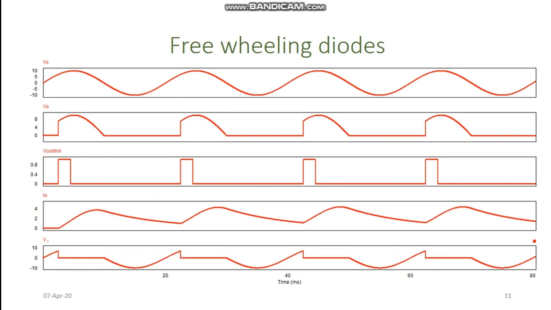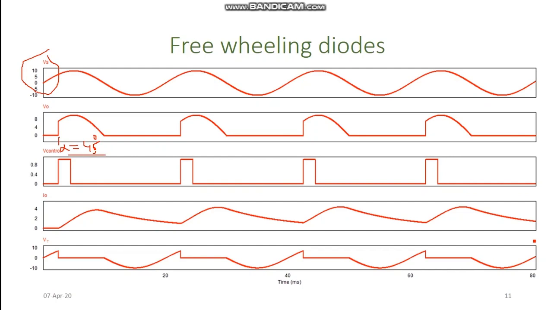This is our input signal, and this is our triggering instant, alpha is equal to 45. This is our control signal.